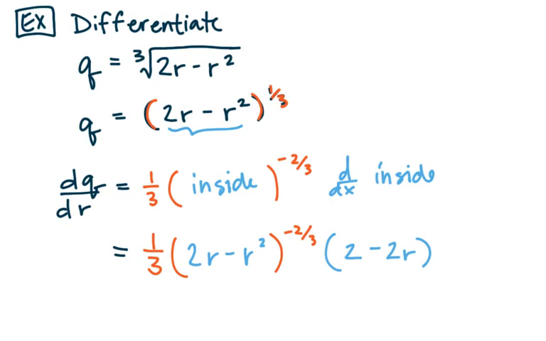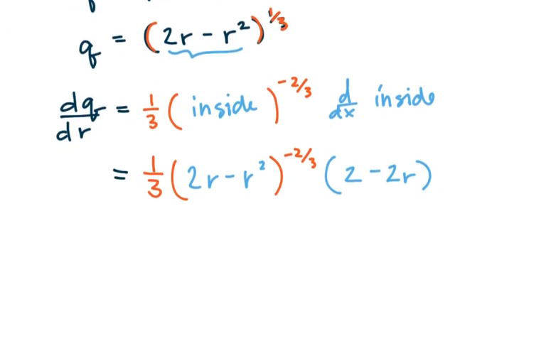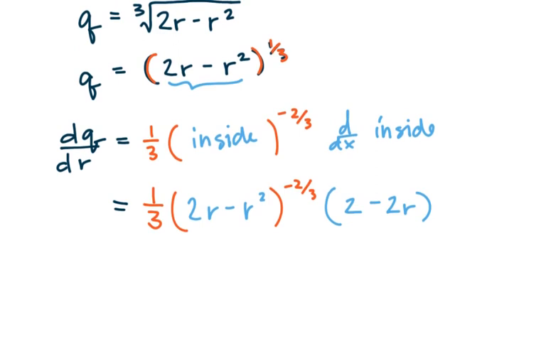All right, so we're done taking the derivative. At this point, we just take another step or 2 to clean it up. So the derivative of q with respect to r is, now 2 minus 2r, this piece doesn't have a negative exponent. So I'm going to slide that into the numerator.